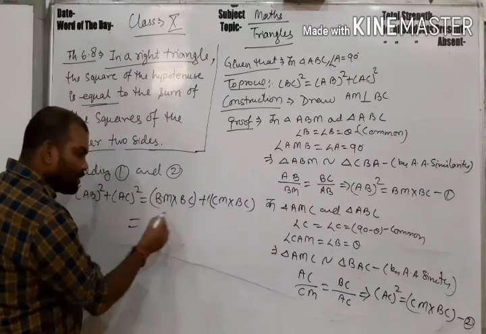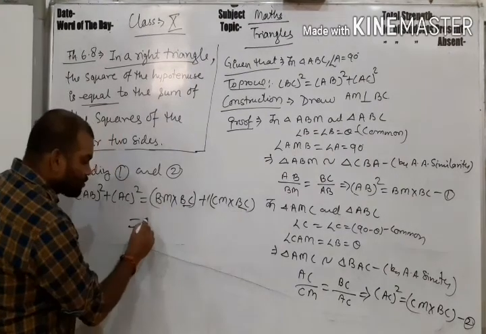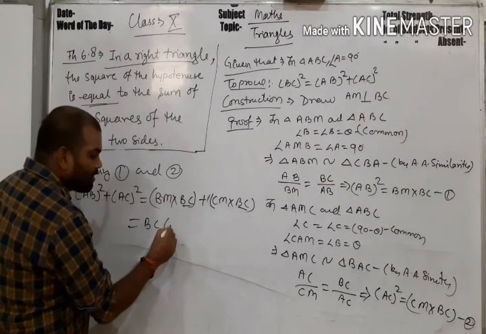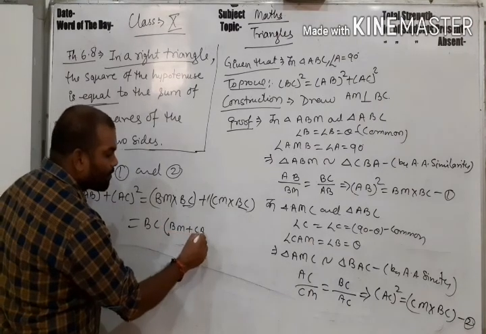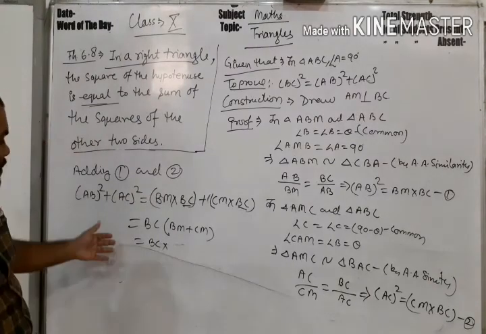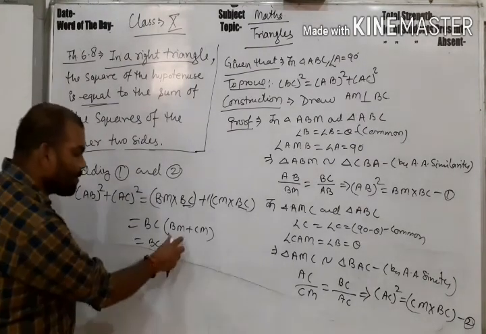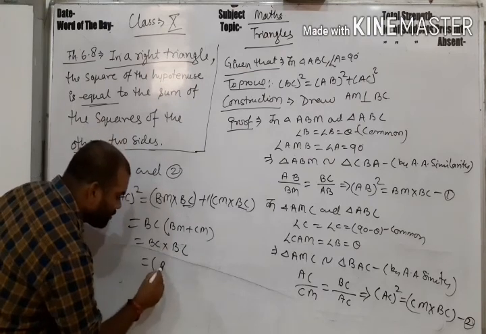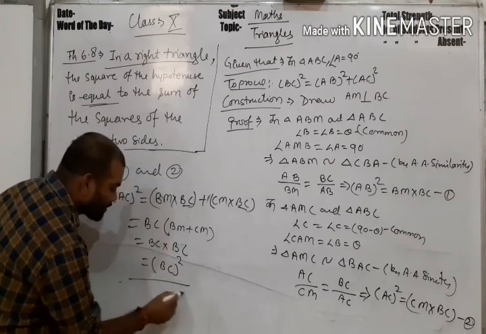Now in these two, BC is common, so BC can be taken out. The remaining is BM and CM, that is BC into, now from the figure if you see, BM and CM make BC, so this becomes square of BC.